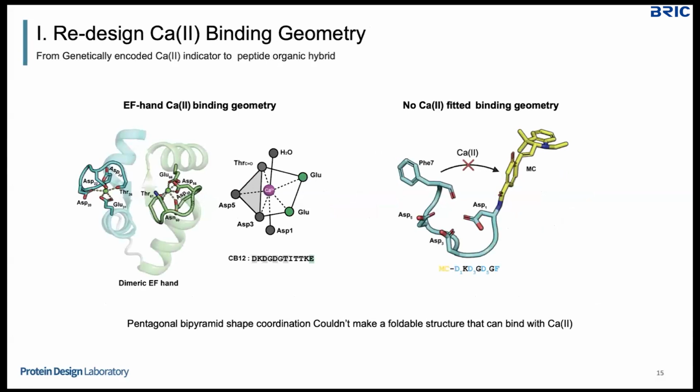So starting from the first step, as I mentioned, I have three main categories. The first one is designing the calcium binding geometry. Each metal, as I mentioned, has a certain geometry. For calcium, it has a pentagonal bipyramid shape, which is 6 or 7 binding sites.